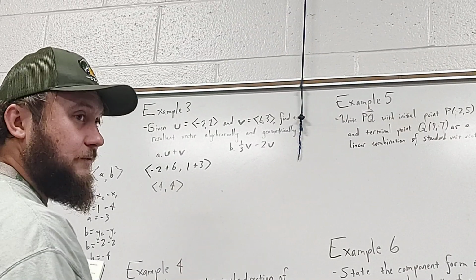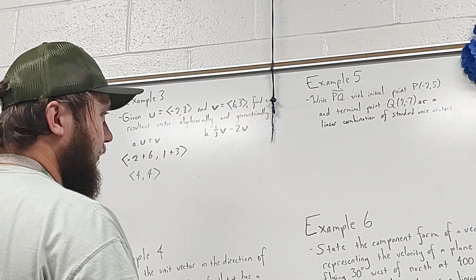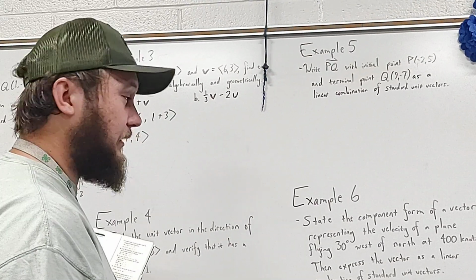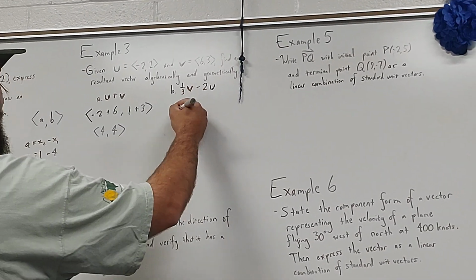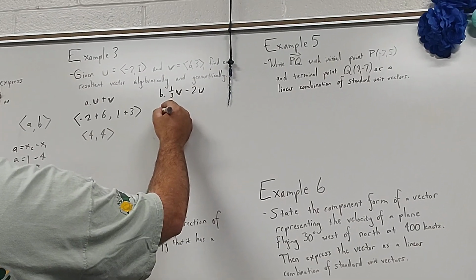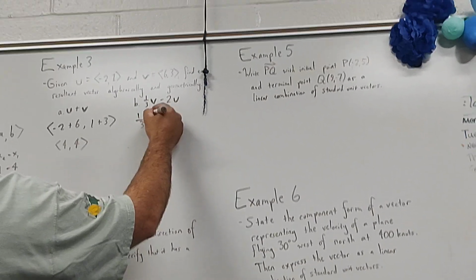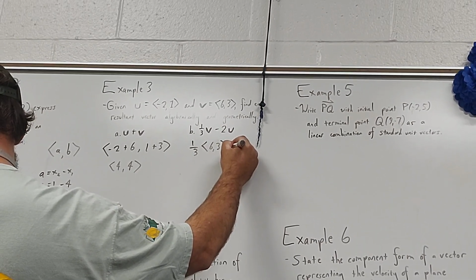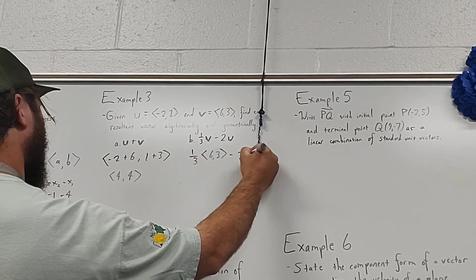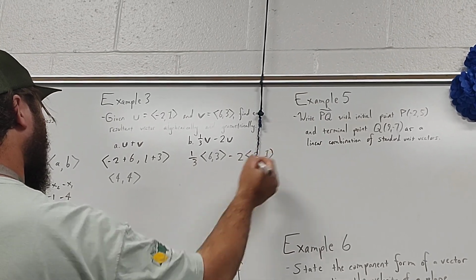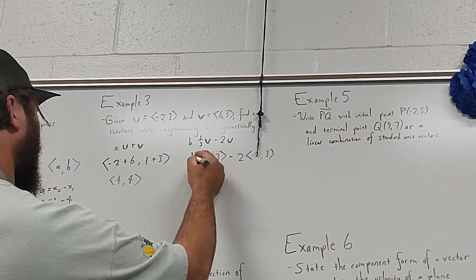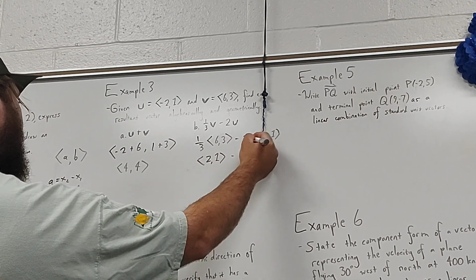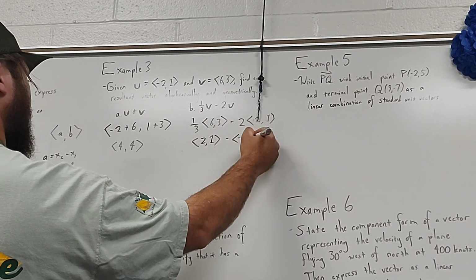1/3 and 2, -2, would be the scalars. You don't have to apply the -2 yet because we're going to subtract later on. So we can think of it as 1/3 times 6, 3 minus 2 times -2, 1. So this turns out to be 1/3 times 6 is 2, 1/3 times 3 is 1, 2 times -2 is -4, 2 times 1 is 2.